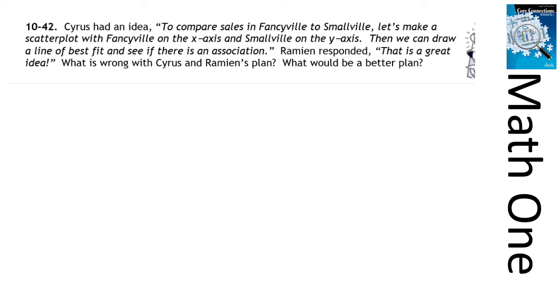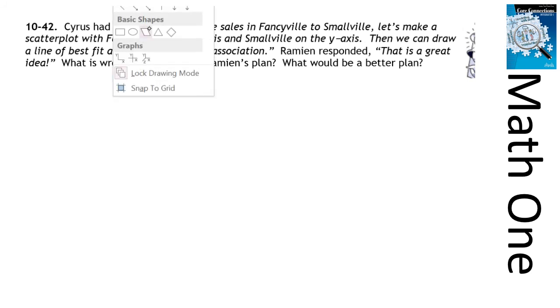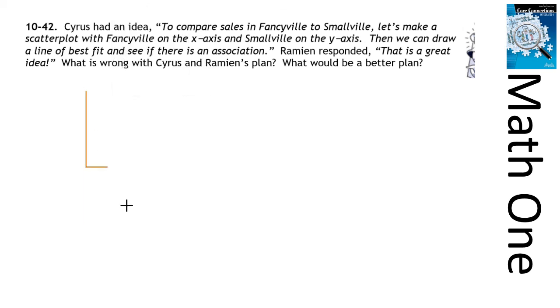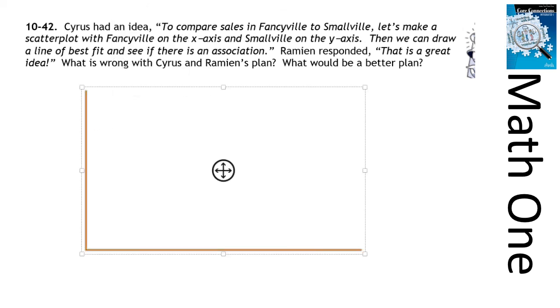The thing about a scatter plot is, and I'm just grabbing an XY axis here, each piece of data should have two numbers associated with it. Each house could be, for example, square footage and cost, or number of rooms and cost, so each one has two numbers associated with one physical item.